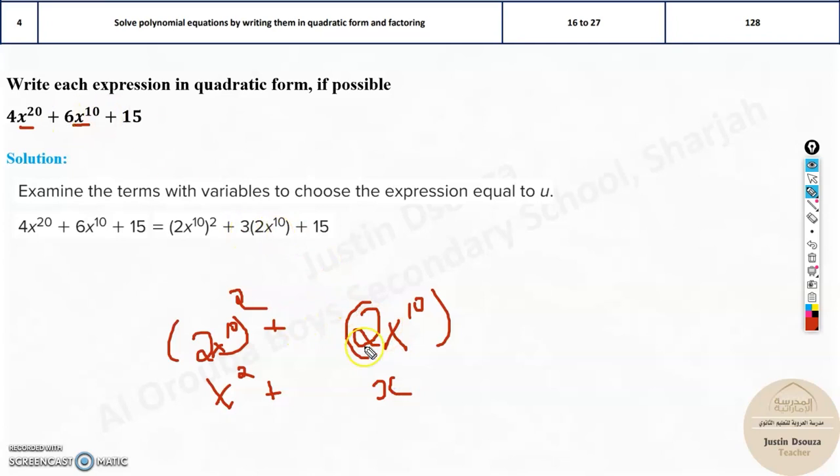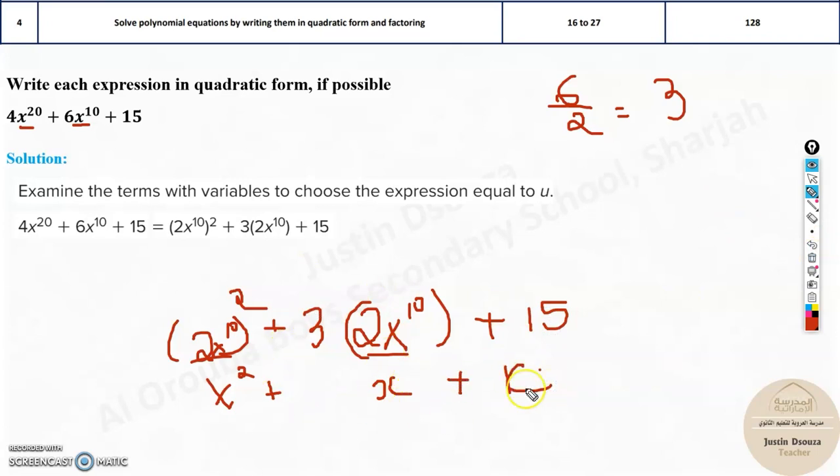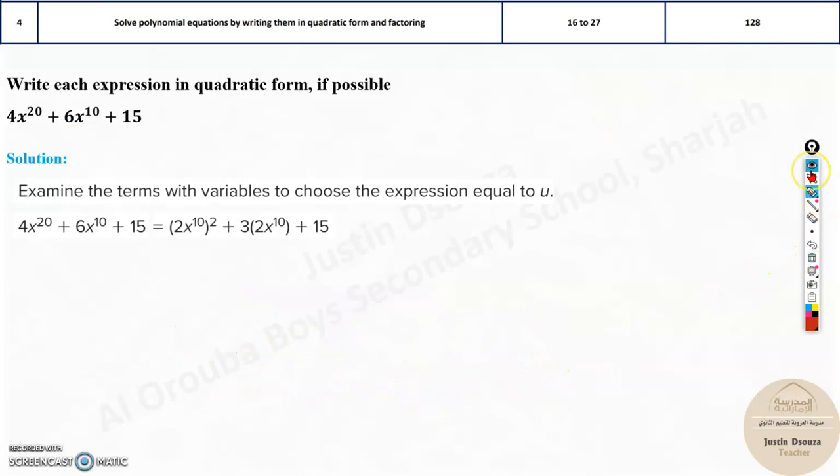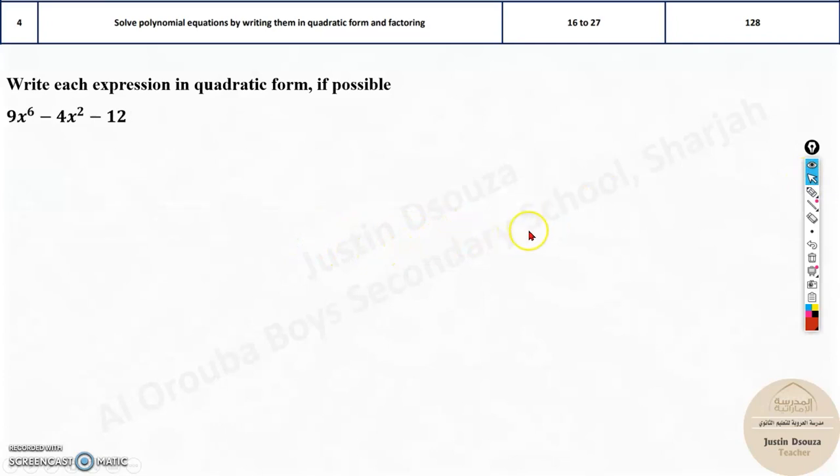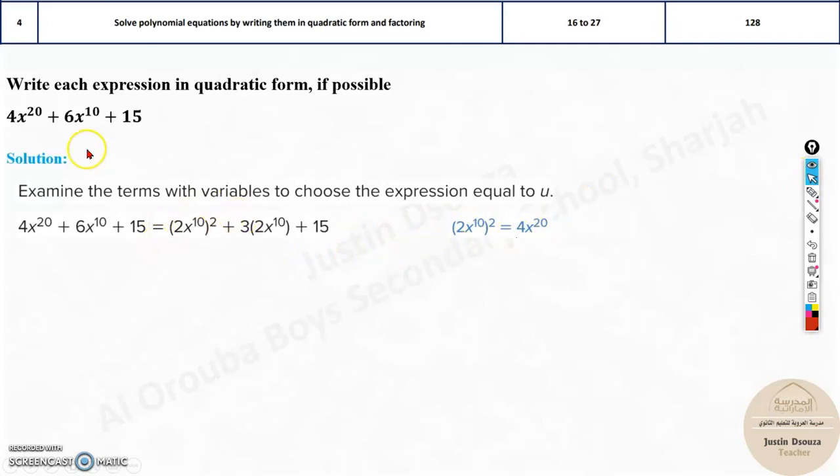What is that? 2 times 3 is 6, because we need to have the 6, or you can just divide 6 by 2, which is 3. So we need to write 3 outside the bracket. Now these two terms must be plus 15. This constant doesn't matter. So this is your answer. Now it's c basically: x squared, x and c. Sorry for my voice. Now that's the answer over here. Just remember, when you square it over here, you're going to get the question.